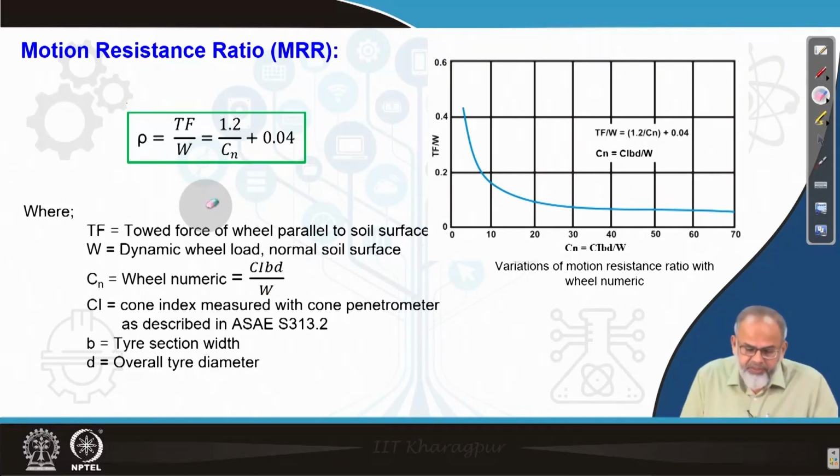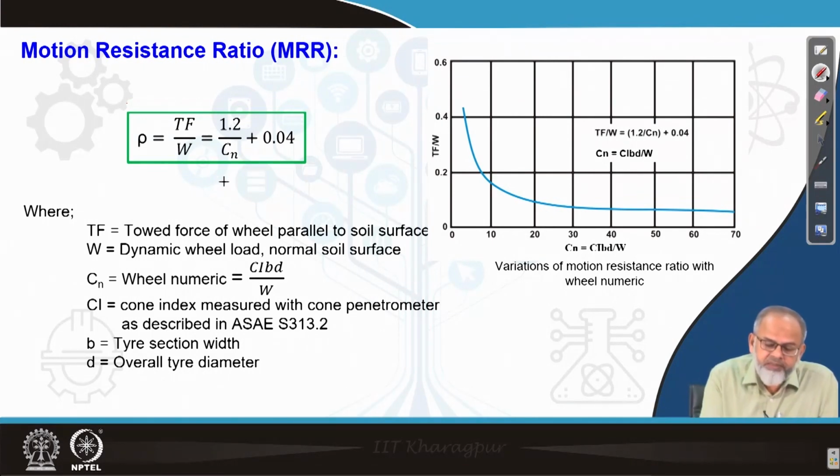But the only difficulty is that it does not differentiate between a powered wheel and a rigid wheel or a towed wheel. It will give the same value, whether it is a powered wheel or an unpowered wheel or towed wheel.